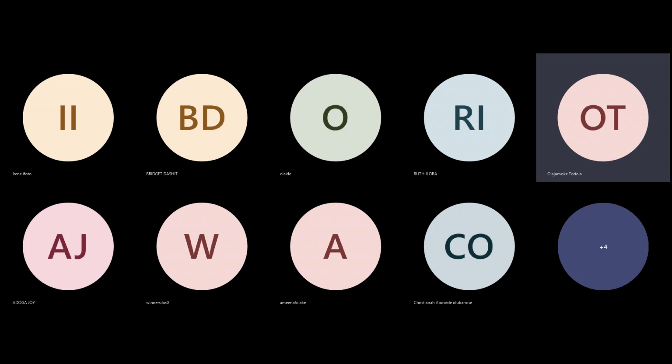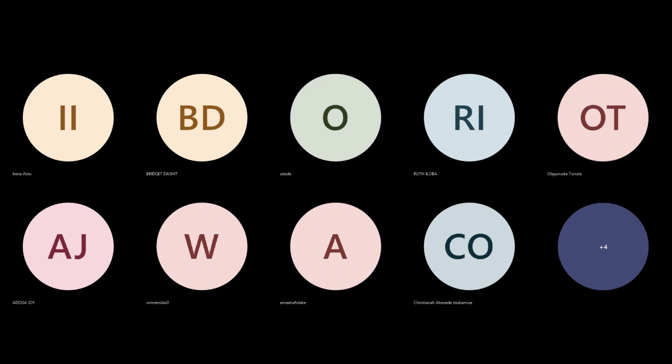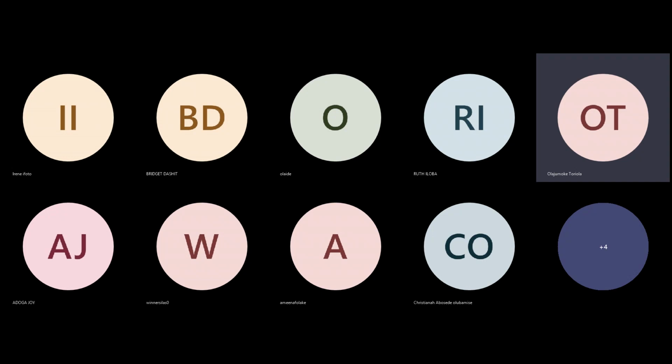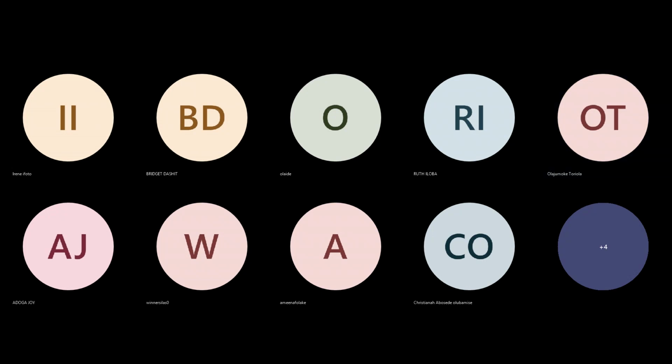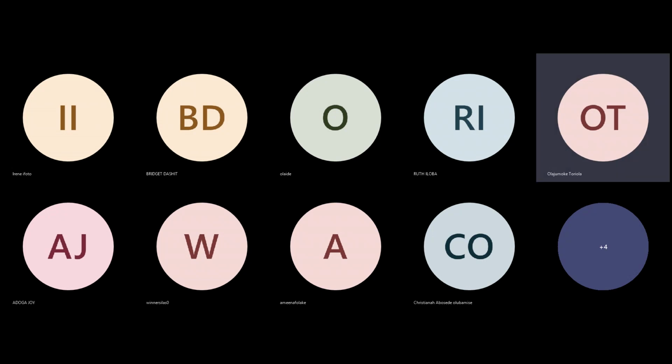So I have group A, group B, group C. Group A is Adetola and Niniola. Group B is Adoga, Joy, and Folake. Group C is Bridget and Christiana.